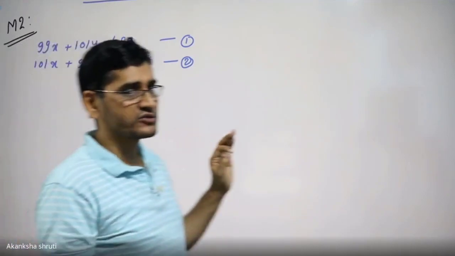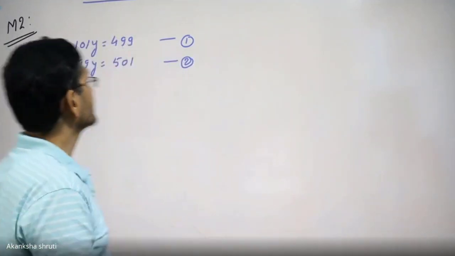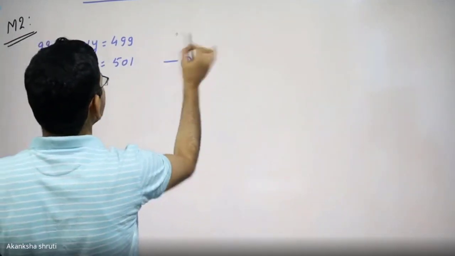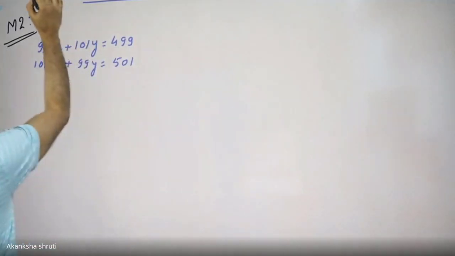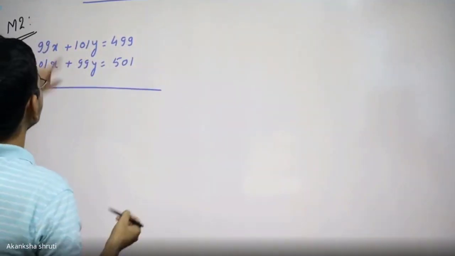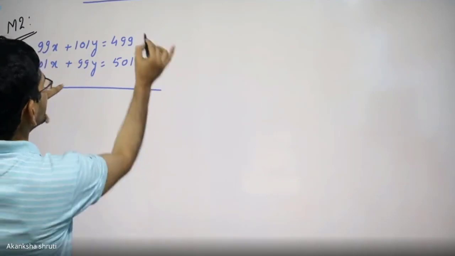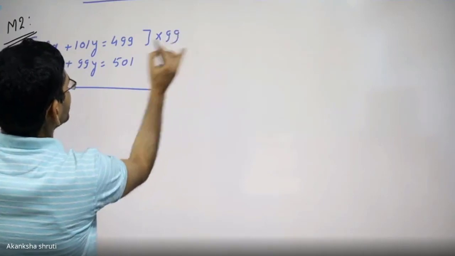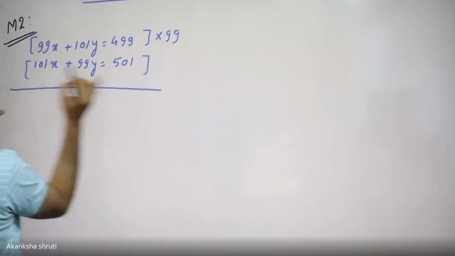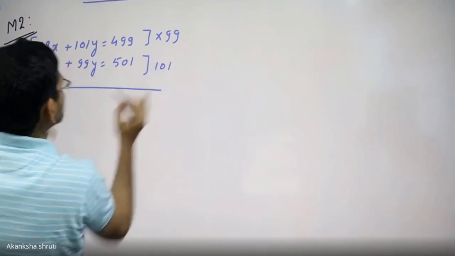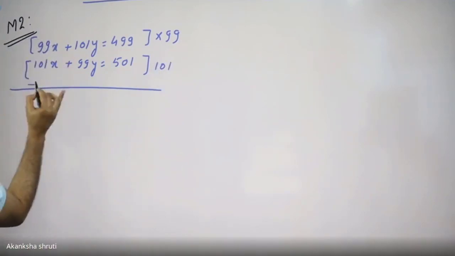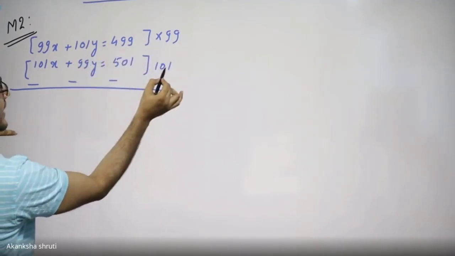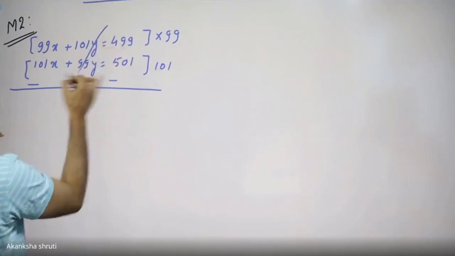This equation can also be solved directly by elimination or by cross multiplication. Let me try the elimination here. While trying the elimination for this y, first equation needs to be multiplied with 99, and second equation needs to be multiplied by 101. Then you need to subtract them. 99 into 101, and this is 101 into 99. This will get cancelled.